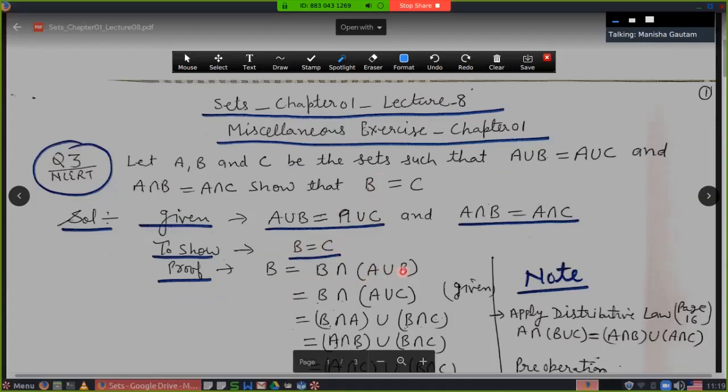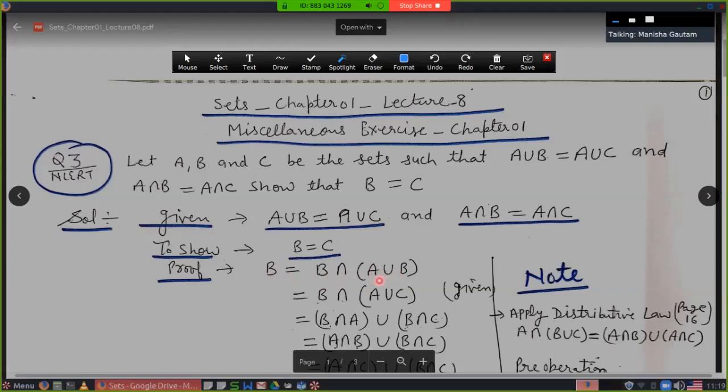A union B means the elements of A and B both, and intersection with B means only those elements which are common in A union B and B. A union B and B common element means only B will be there, which is common. So I have written here B. B can be written as B intersection A union B.